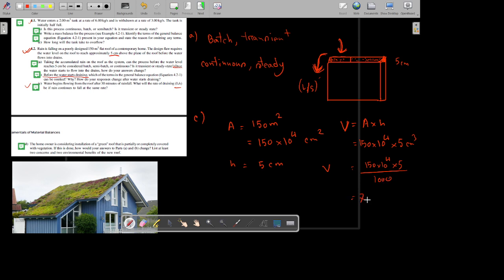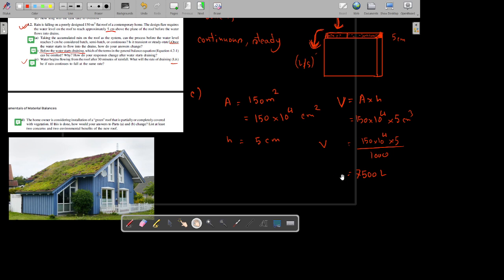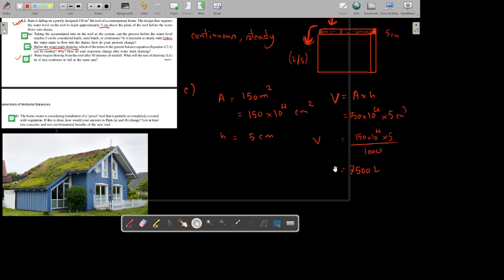So that comes out to be 7500 liter, because cubic centimeter is equal to ml, milliliter. So you know why we have divided it by 1000. So we have found out the volume that is required.